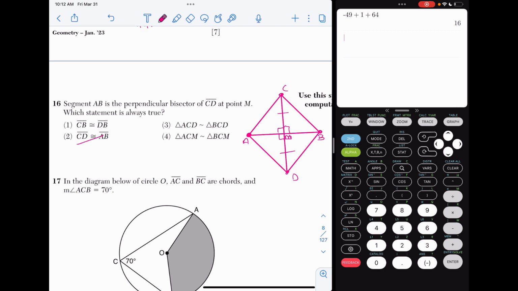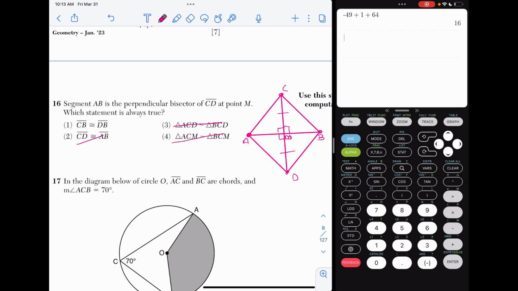In order to get similar triangles, I need to know that I have 2 pairs of corresponding congruent angles, and I don't see that here, so I'm going to cross that out. And choice 4 says triangle ACM is similar to triangle BCM. Well, each of those 2 triangles, I have 1 angle marked off in each, but that's not really enough information here, so I'm going to also cross off choice 4.